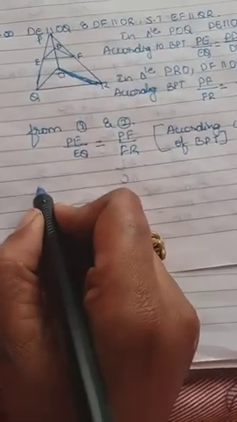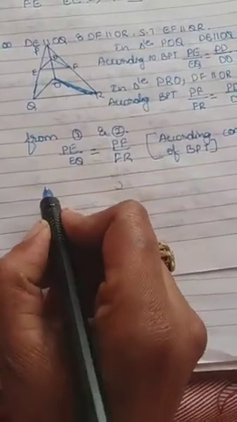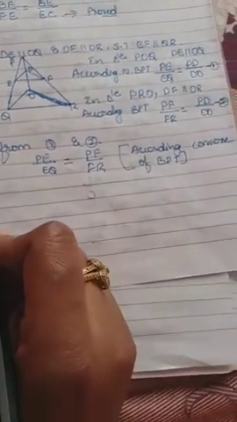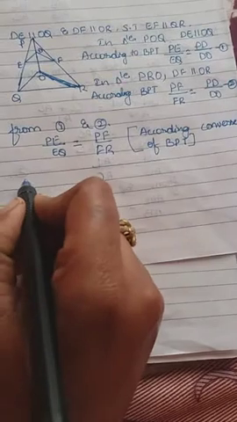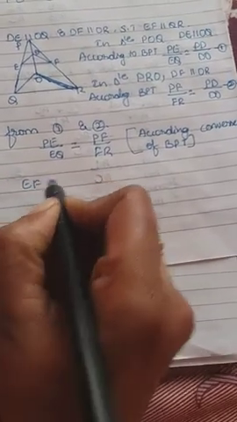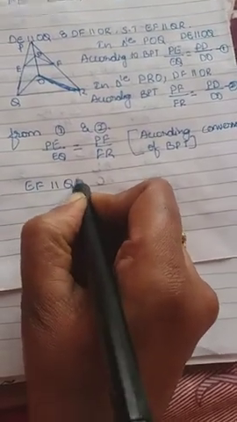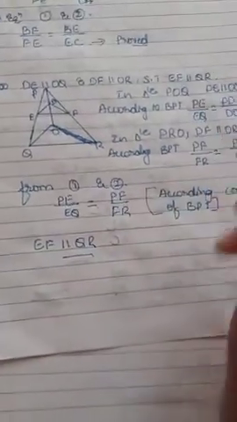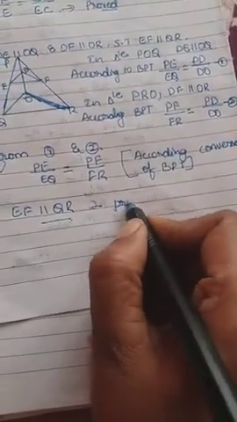PE divided by EQ equal to PF divided by FR, if it should be like that. So according to the converse of BPT, very important, we can write that EF is parallel to QR. So that is the proof. Hence it is proved.